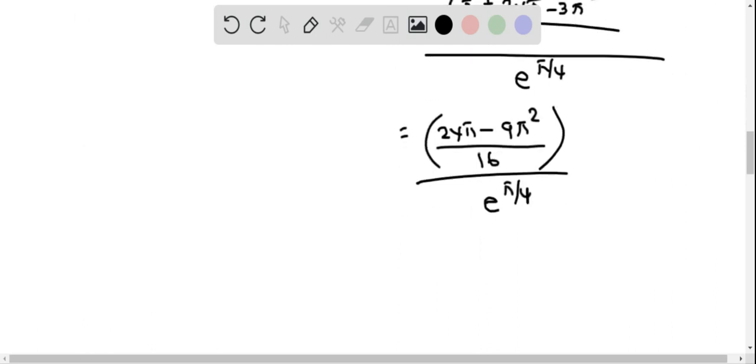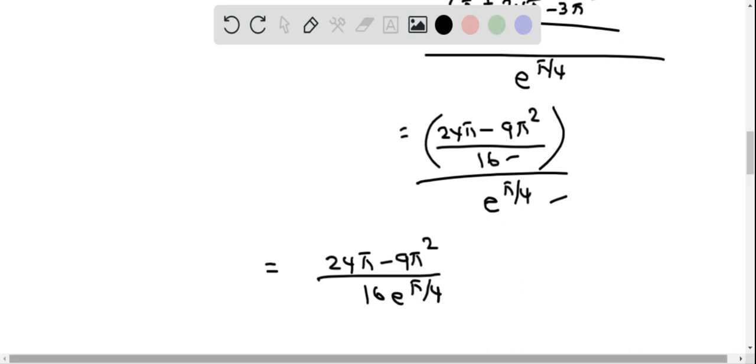And this can be written in simple form as 24 pi minus 9 pi squared, divided by 16 times e raised to the power of pi by 4. And so this is the expression for the derivative of k of x at x equal to pi by 4. That is basically k prime of pi by 4.